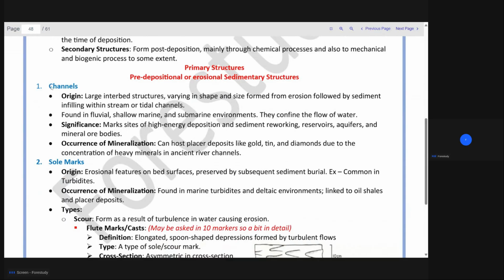So channels are present. How will you understand a channel deposit? Channel deposits are mostly understood using their cross section, right? Only through the cross section will we understand the channel. So the channel deposit looks like a half cylinder.